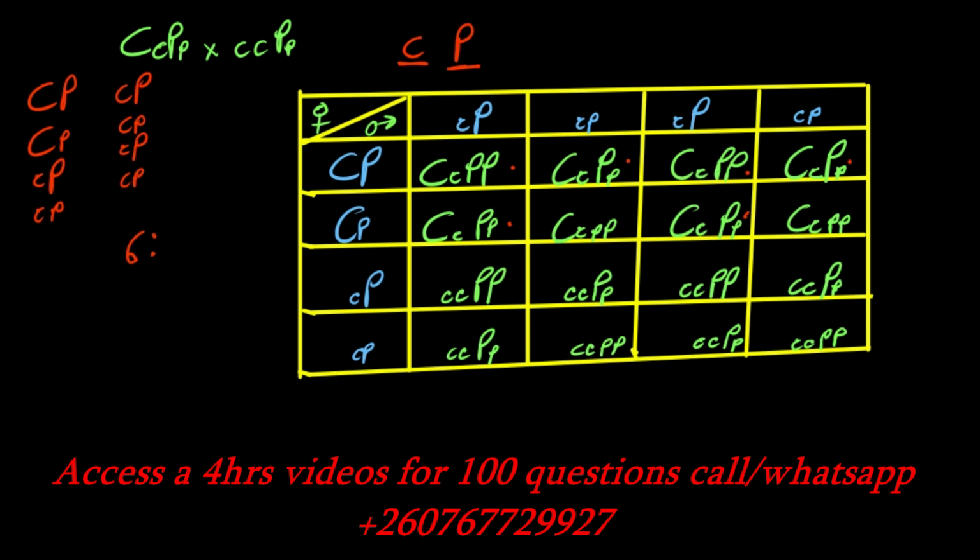As for this one, it doesn't have capital letter C, so it's going to be automatically white. The same with this one. This one lacks capital letter P, this one lacks capital letter C, this one lacks both of them. Then this one lacks capital letter C, this one lacks capital letter C as well. This one lacks capital letter P, this one lacks capital letter C, this one also lacks capital letter C.